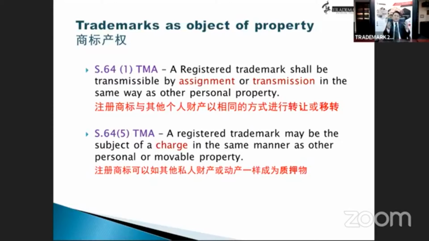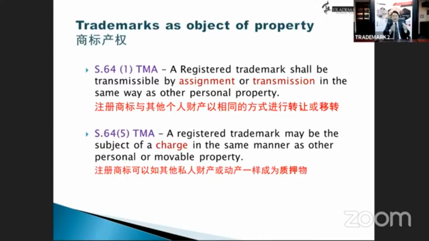When you go to the bank and want to get a loan for your house, we call it a mortgage. The bank would normally file a charge, something like a caveat, a registered charge over your house, so they will possess ownership of the house in case you default. This works the same for your trademark.